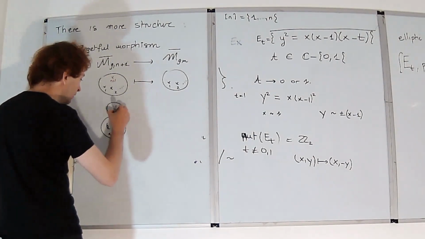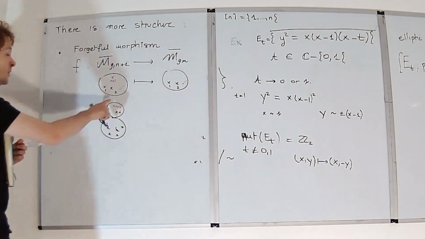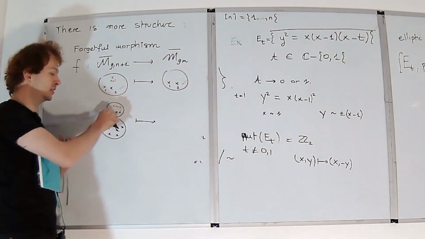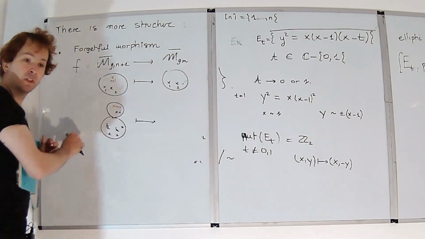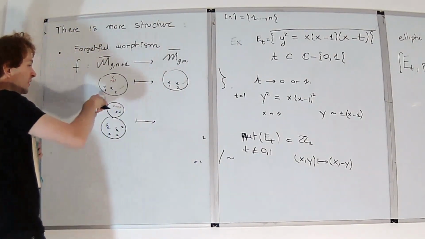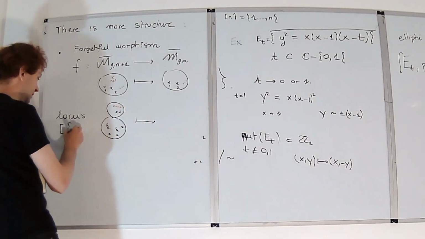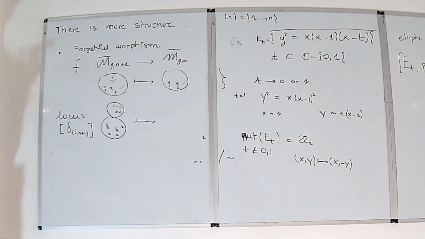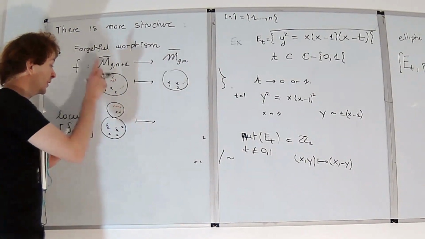But if I have one more marked point, for example i, which is here, that would be a stable curve. But if I forget about the n plus 1, it's no longer a stable curve, because when I detach, I have one node and one marked point, a sphere with 2 points that has negative Euler characteristic 0. When that happens, this is a certain locus, which one denotes delta i, n plus 1. I will need it later. So what does one do in that case? Well, you forget the point first.